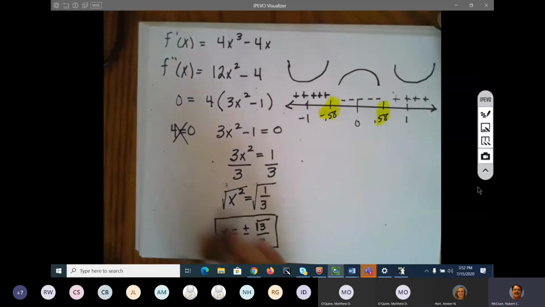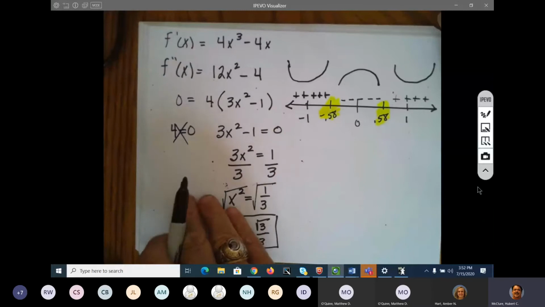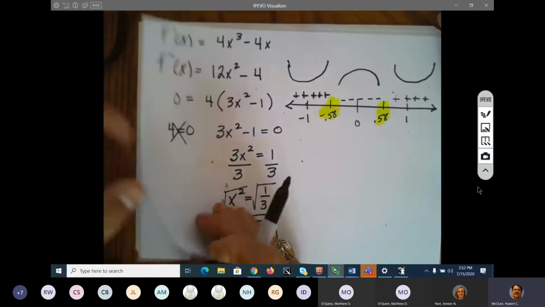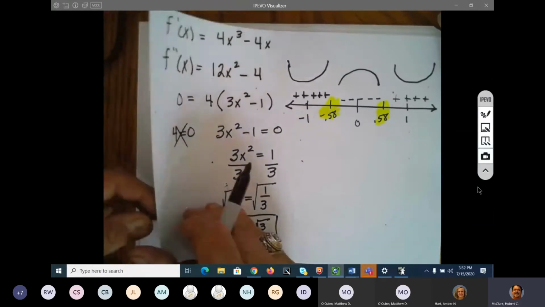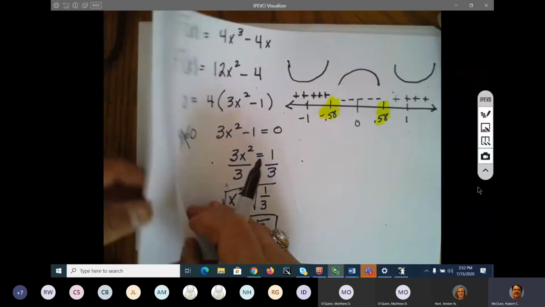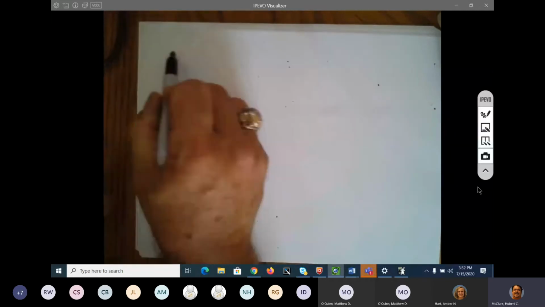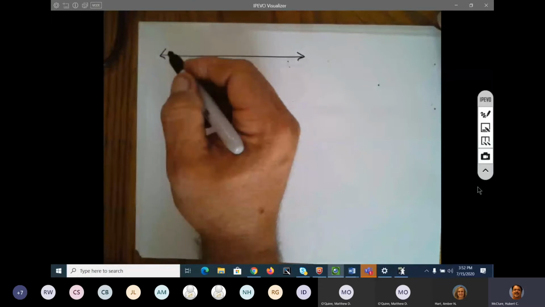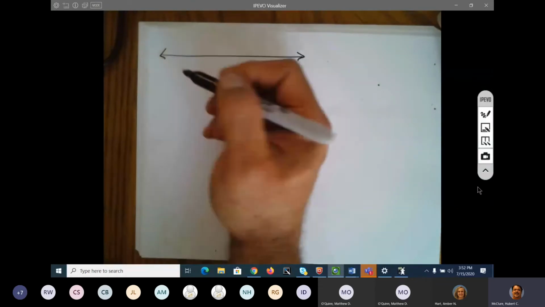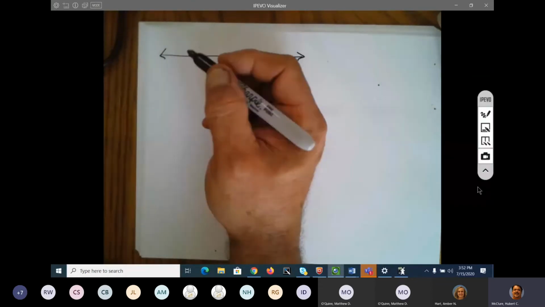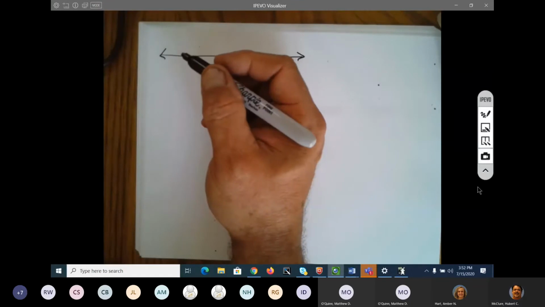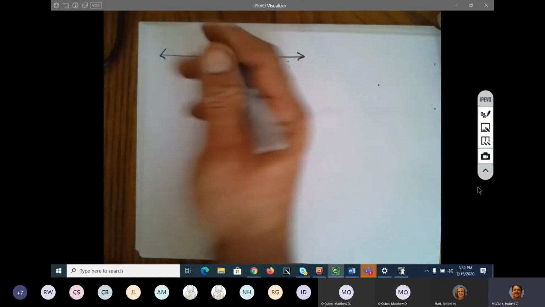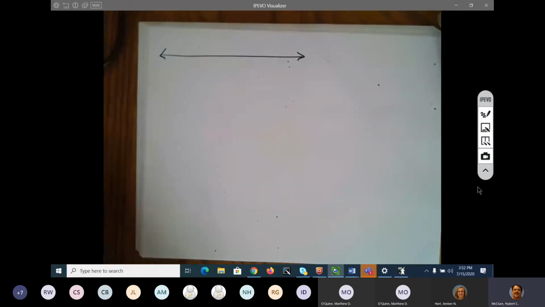So I'm going to go to my next page, and I'm going to write down what we have on the 2 number lines. Getting all my papers mixed up.